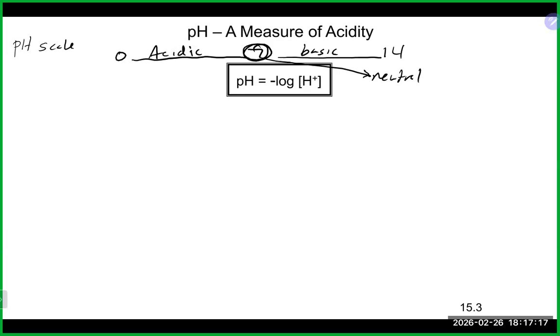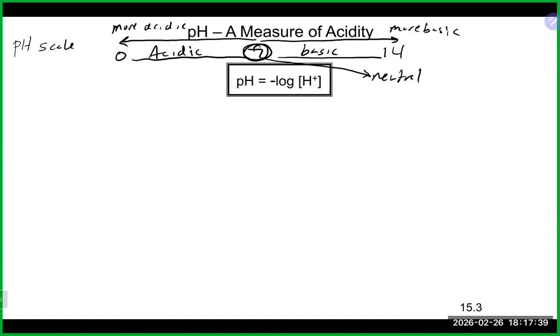If it's a little bit above 7, that's going to be slightly basic. If it's a little below 7, it'll be slightly acidic. 7 is sort of our middle point. As you go towards 0, you're becoming more acidic. And as you go from 7 towards 14, you're becoming more basic.